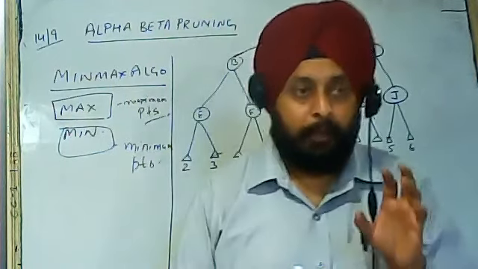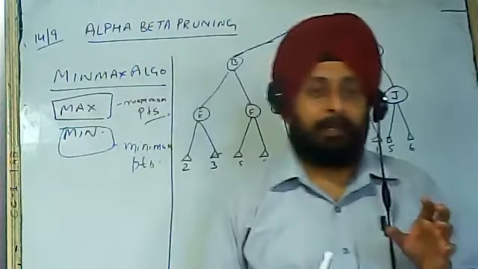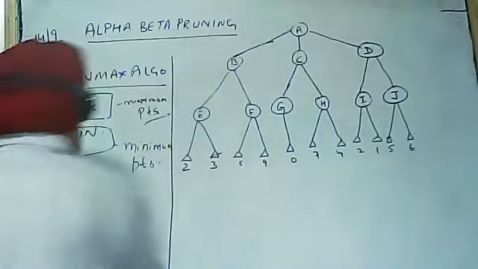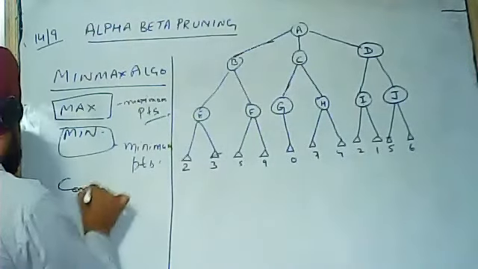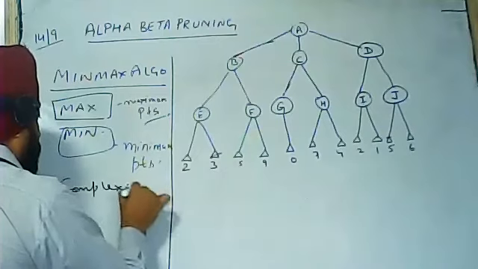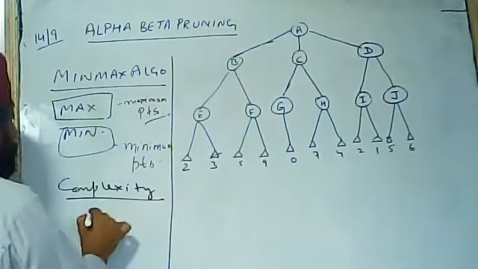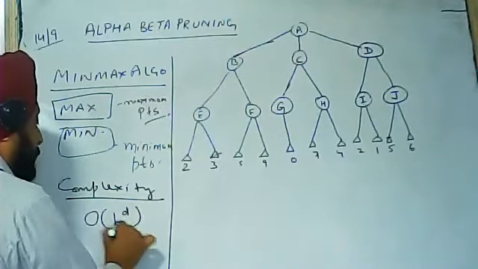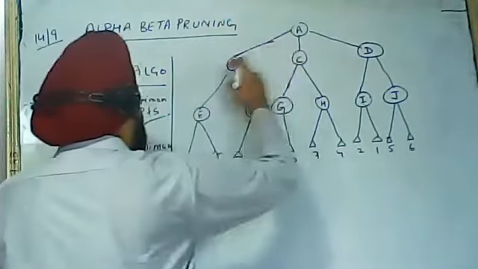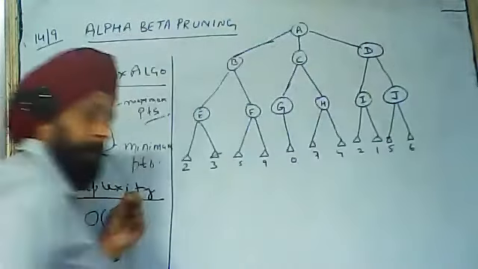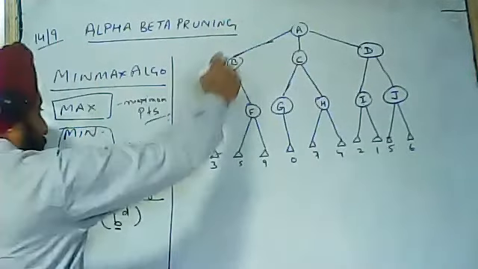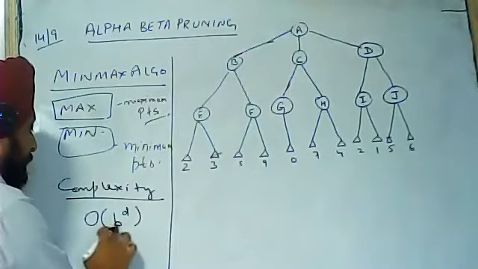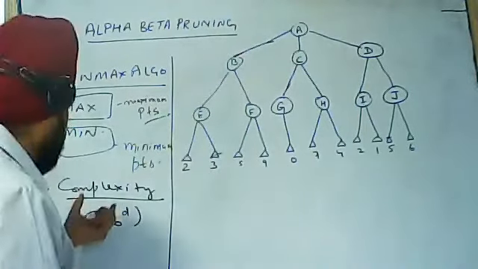If we talk about the complexity of the min-max algorithm, the order is O(B to the power D), where B is the branching factor, meaning how many branches it has, and D is the depth, meaning the depth of a particular branch. So this is the complexity of the min-max.